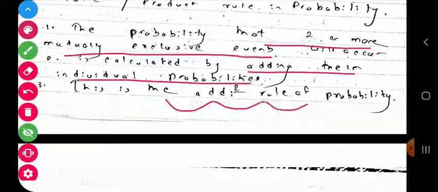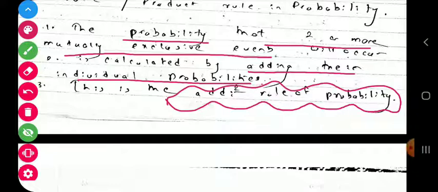This is known as the addition rule of probability.